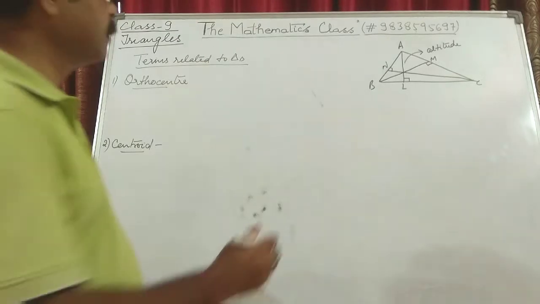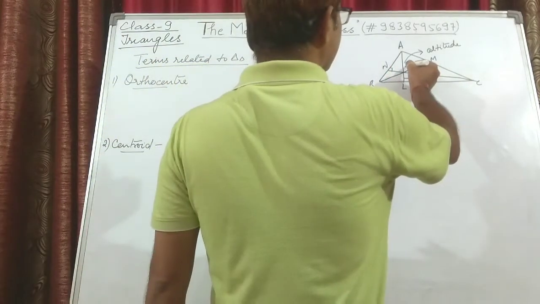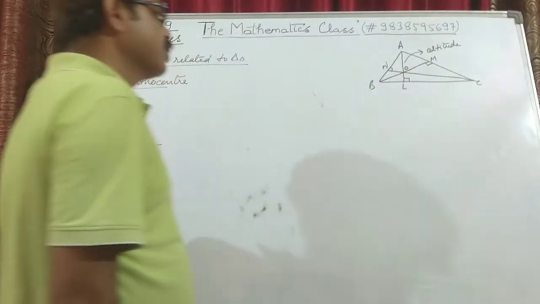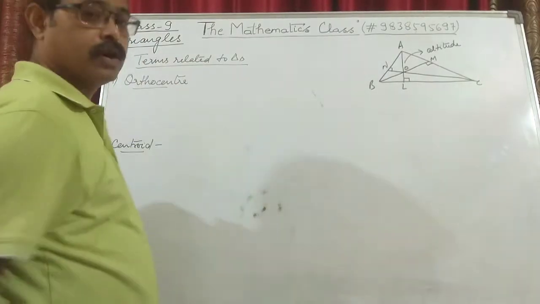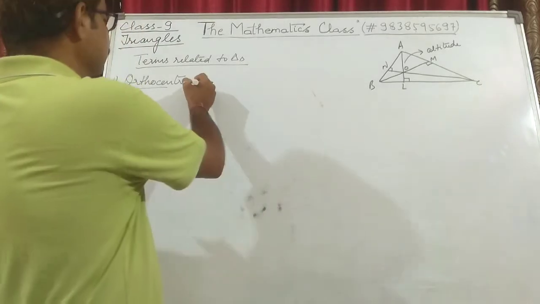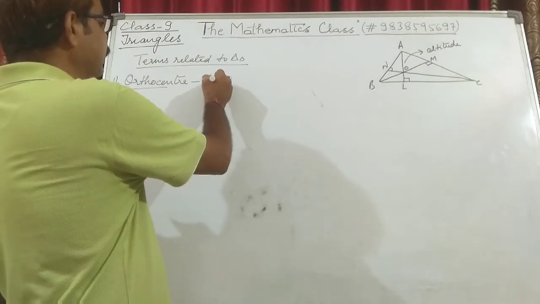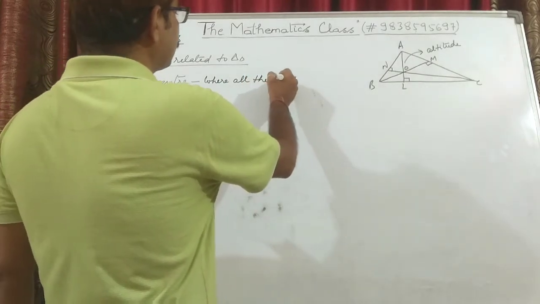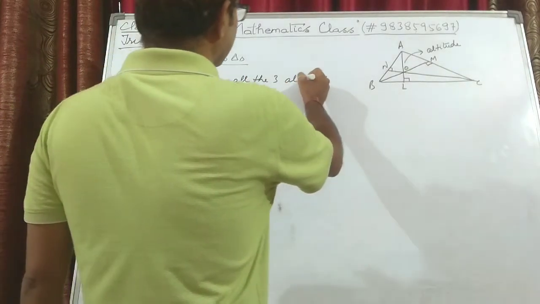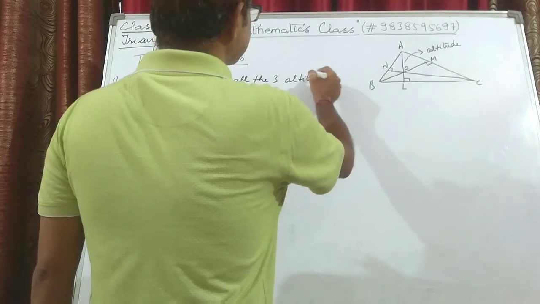Let us name it as O. So O is the orthocenter of the triangle. What is the orthocenter? Where all the three altitudes meet.